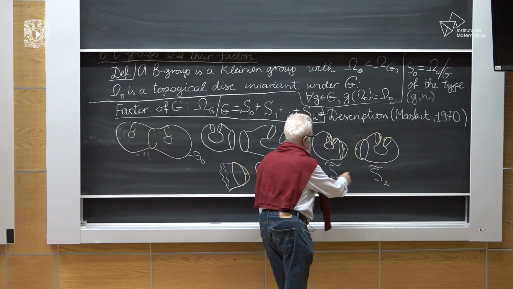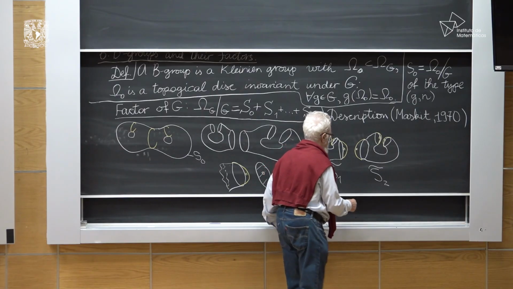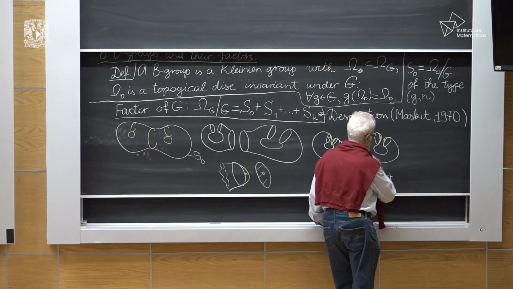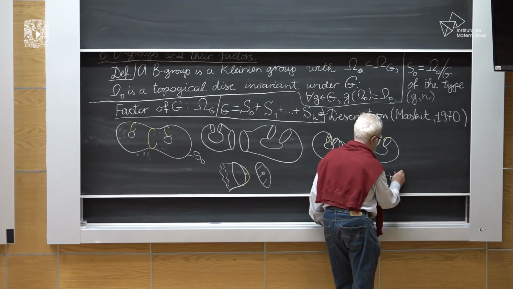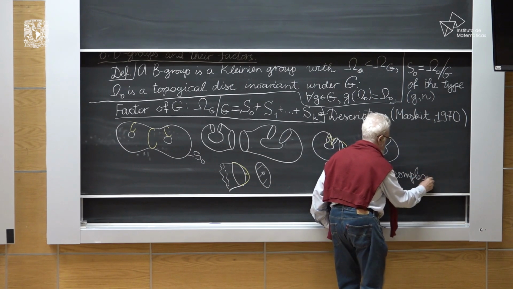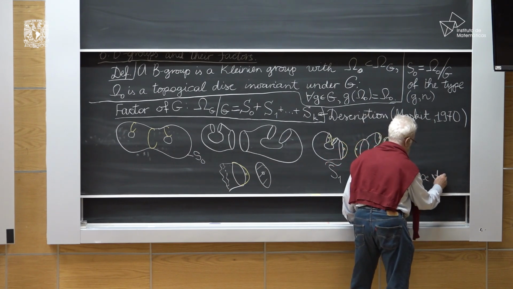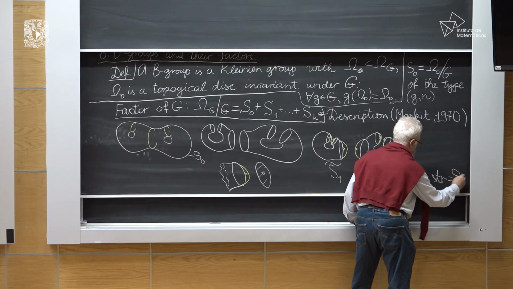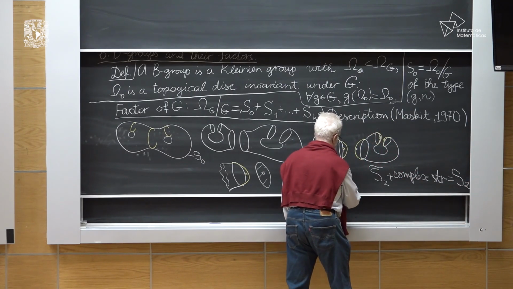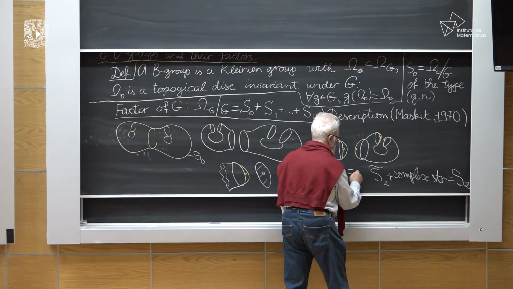And though these two topological surfaces, by a complex structure, they become Riemann surfaces. This will be S2, and S1 plus the complex structure, I do not write this, becomes S1.